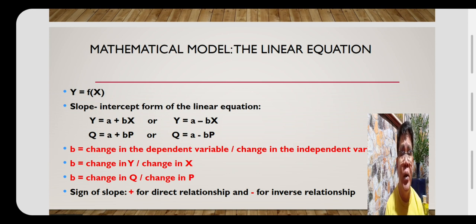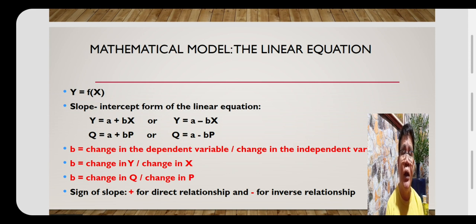So the change in quantity can be measured as Q sub 2 minus Q sub 1. Meaning to say, if Q refers to quantity demanded, then quantity demanded in the second period minus the quantity demanded in the first period.